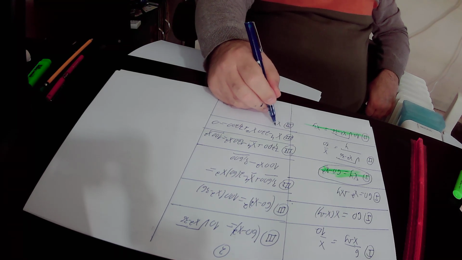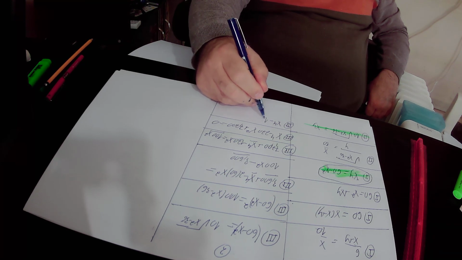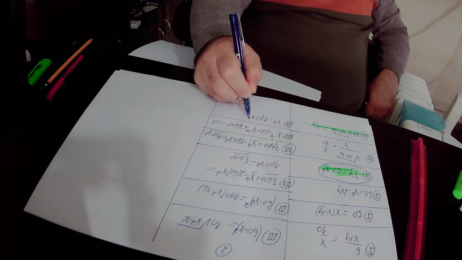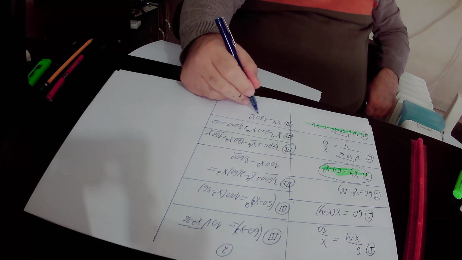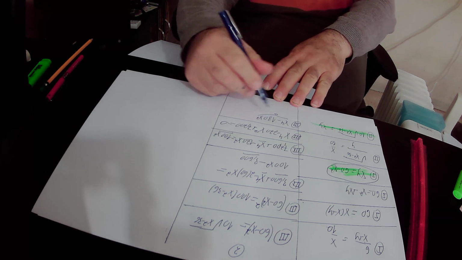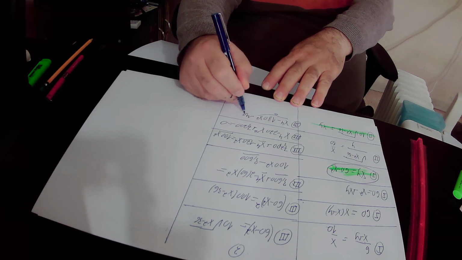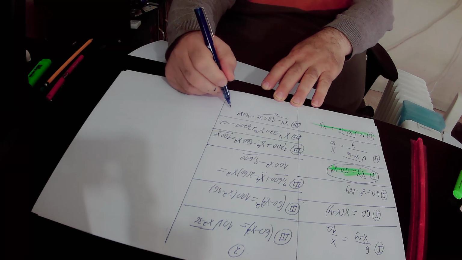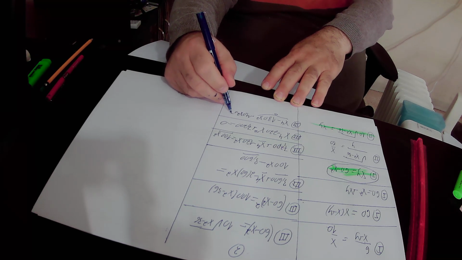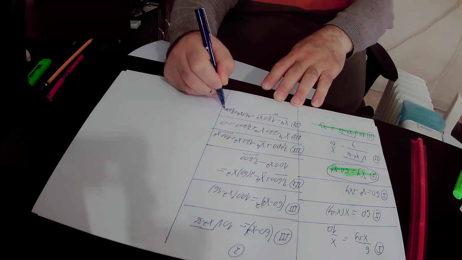x to the power of 4 minus 180 x squared minus 40 x squared plus 7200 equals 0.